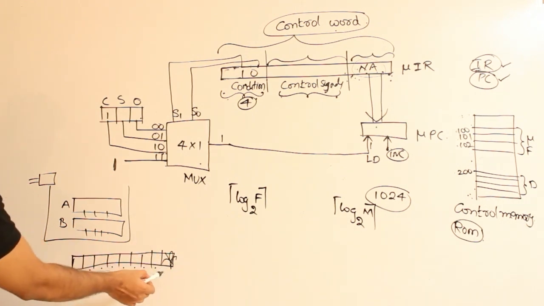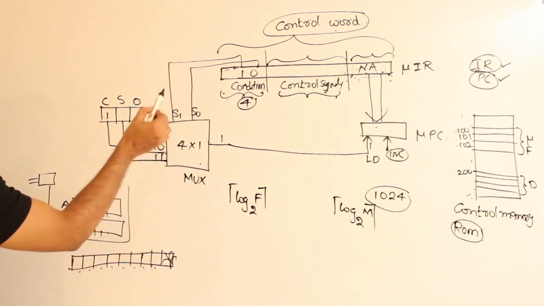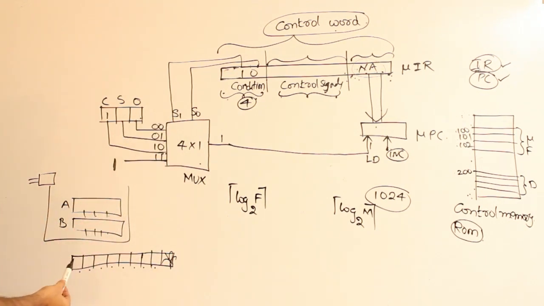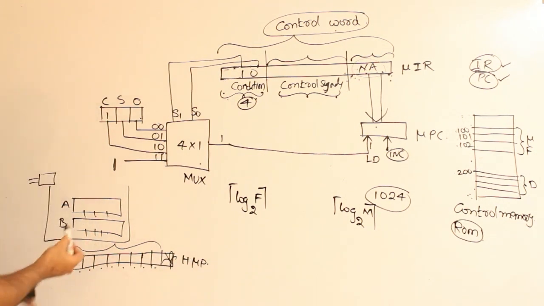So 8 bits have to be present in the control signal part, or the micro operation part, in the model called horizontal microprogramming. The alternative to this model is vertical microprogramming.